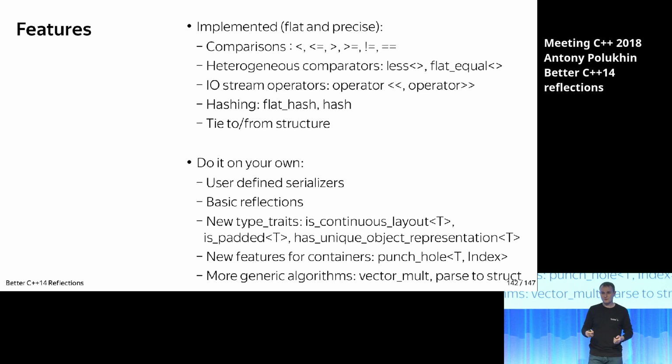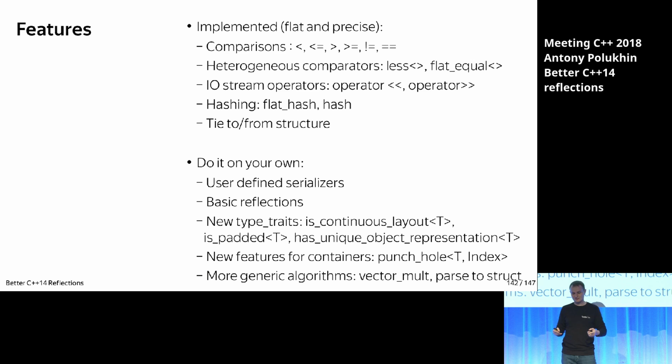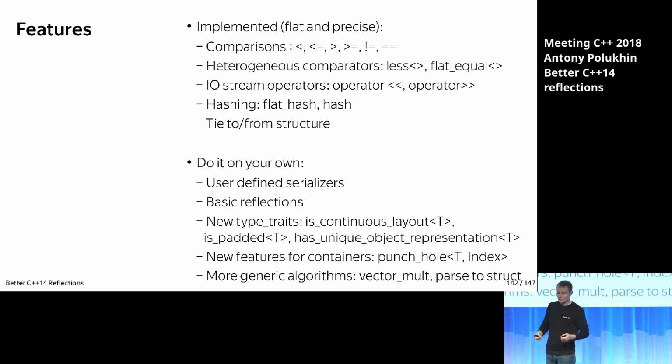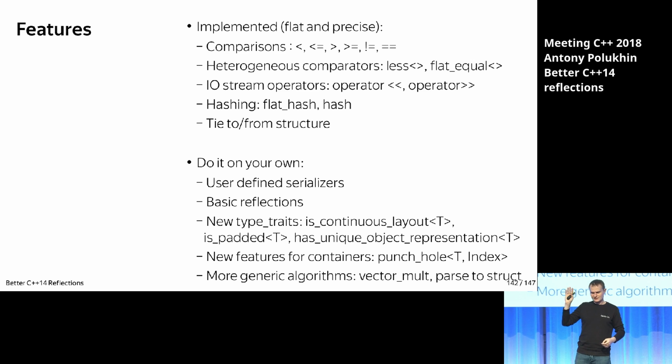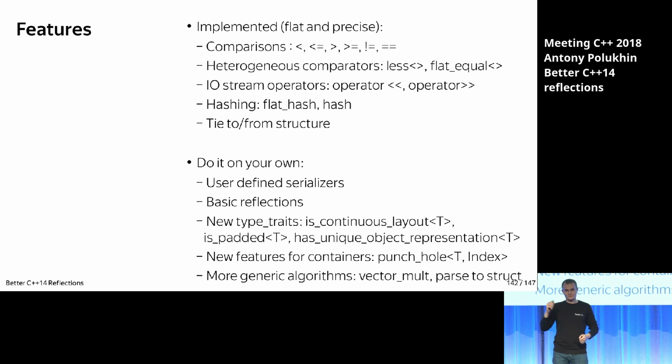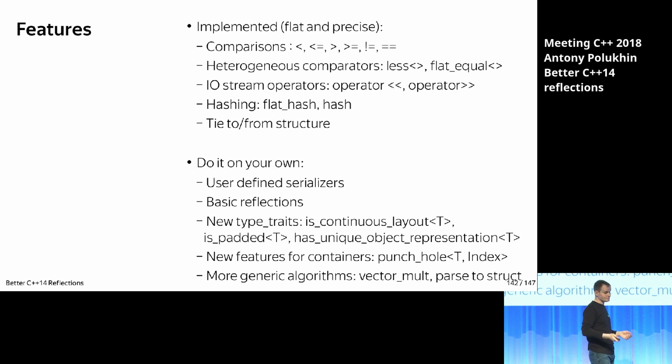So for each type of wire, they need a separate serializer. So they've got 3,000 structures, 9 types of wires, and they've got 27,000 serializers and almost the same amount of deserializers. With that library, they need only 9 serializers and 9 deserializers just for the concrete type of the wire.